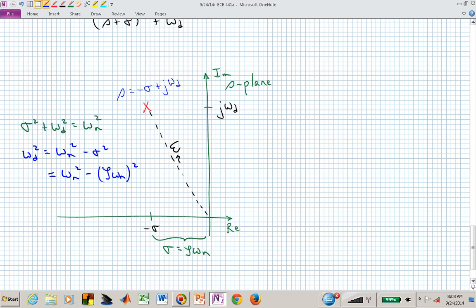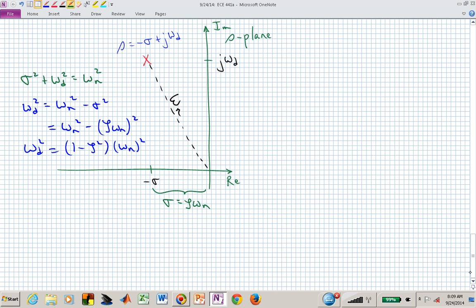We square that up, and factor out the common term. If we now take the square root of both sides, we see a relationship that relates the natural frequency omega sub n to the damped frequency omega sub d, and it's related by this damping ratio zeta.